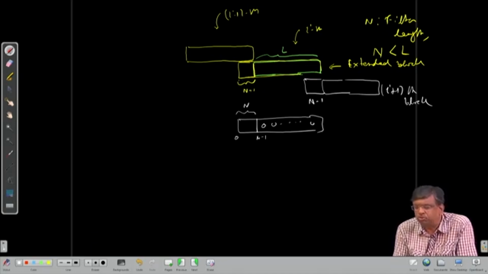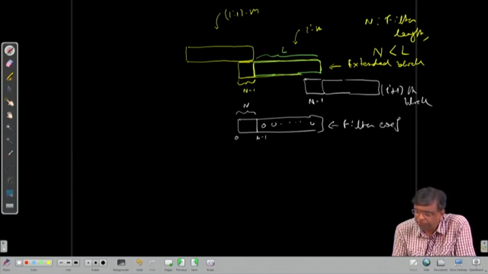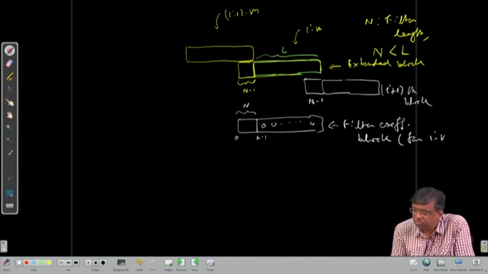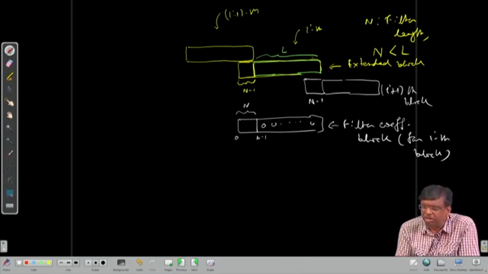Then first n minus 1 output, if we carry out circular convolution, that is, if you take the FFT of this block, FFT of the filter coefficient block, for ith block. So, FFT here or DFT here you multiply, take IDFT, which is a circular convolution between this block of data and this extended filter block, extended with these zeros.